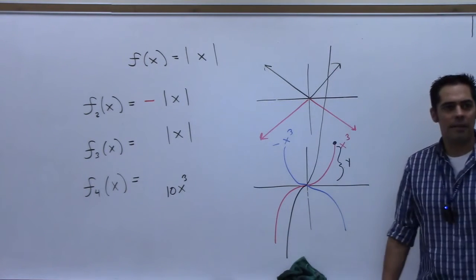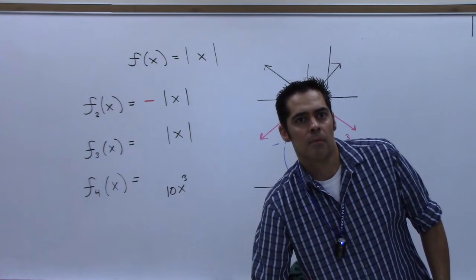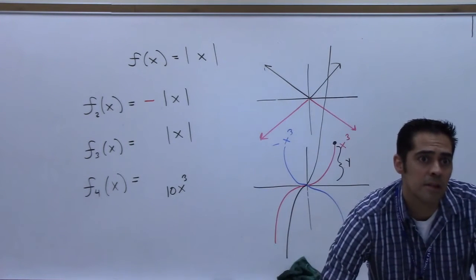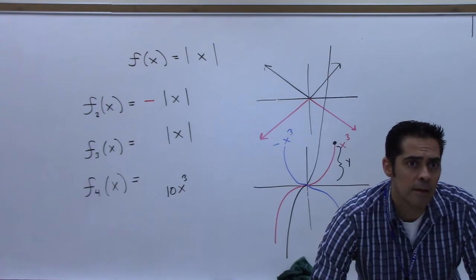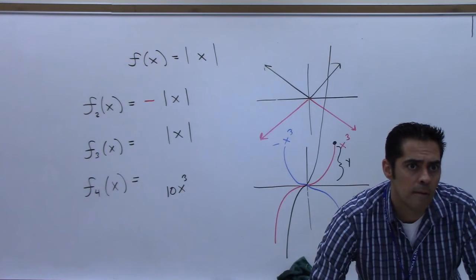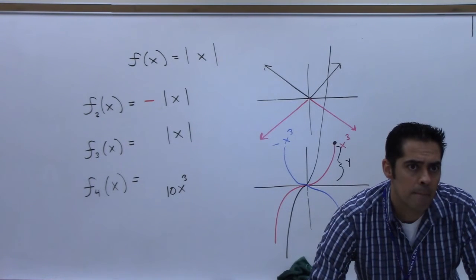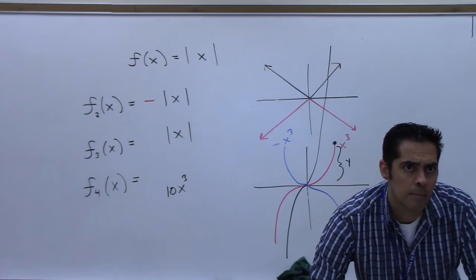Well, I think I have this all here. I can mess with it myself. So, you want to see x cubed? There it is. Let me move it around. There we go.